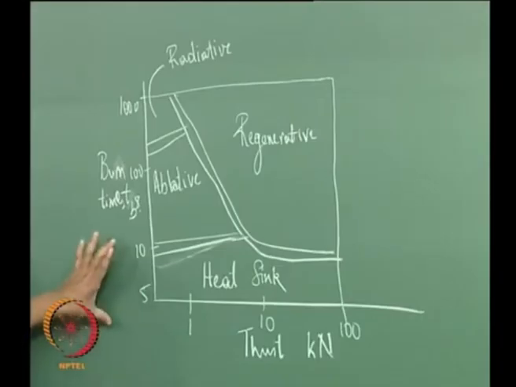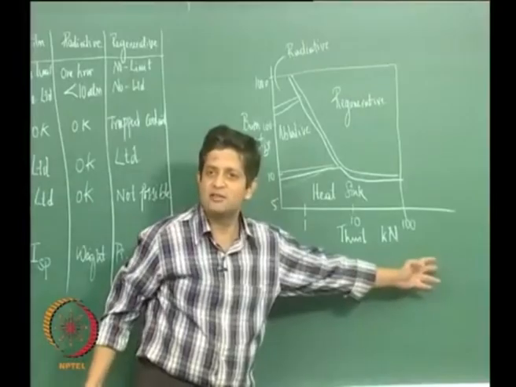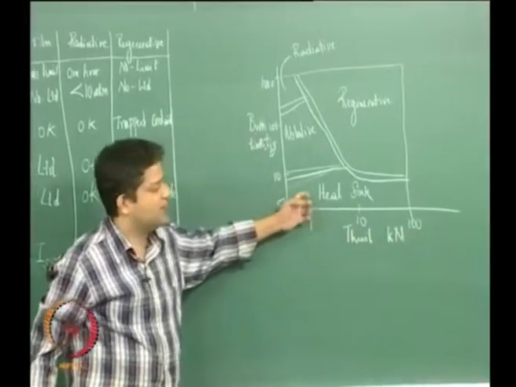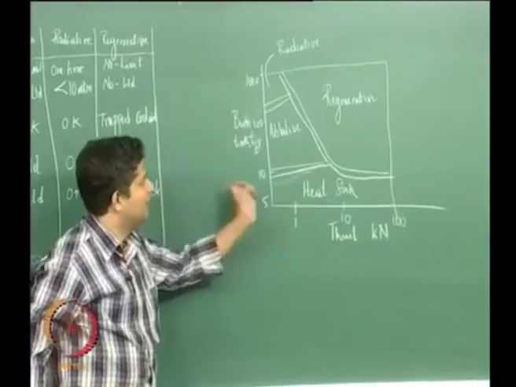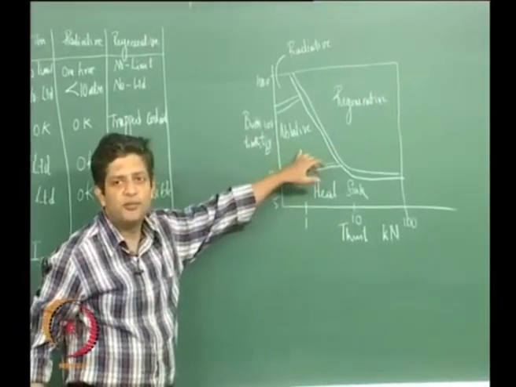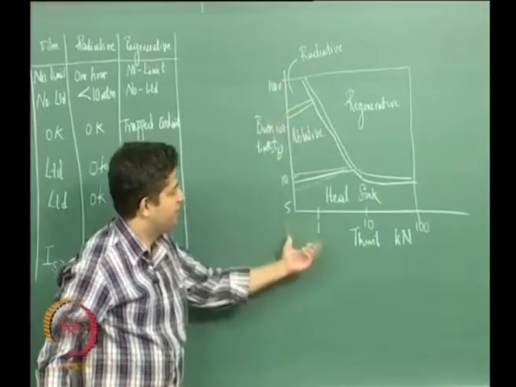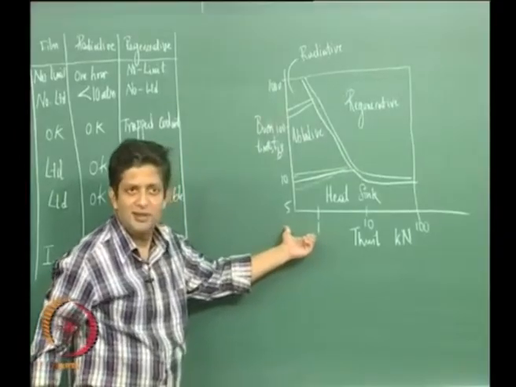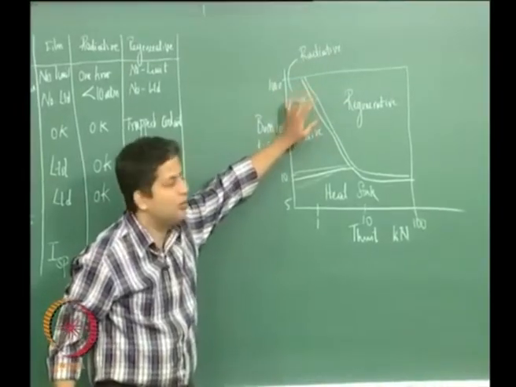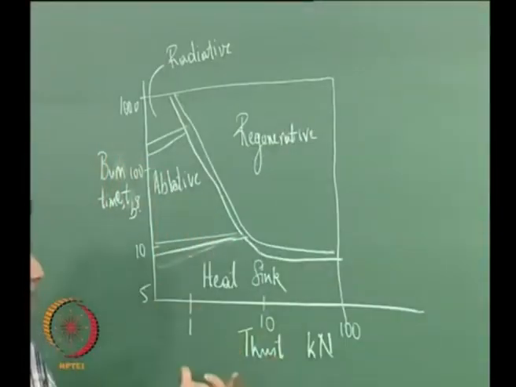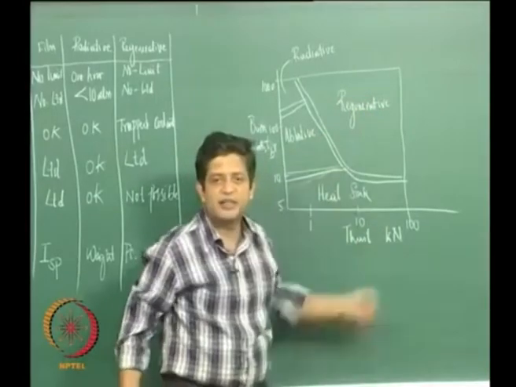If you have a smaller burn time and whatever thrust level that you want, it is possible to use heat sink. But as the burn time increases, you also need to back it up with ablative cooling, and for a very low thrust and large burn time, it's better to use radiative cooling, and the region for high thrust and high burn time is regenerative cooling.